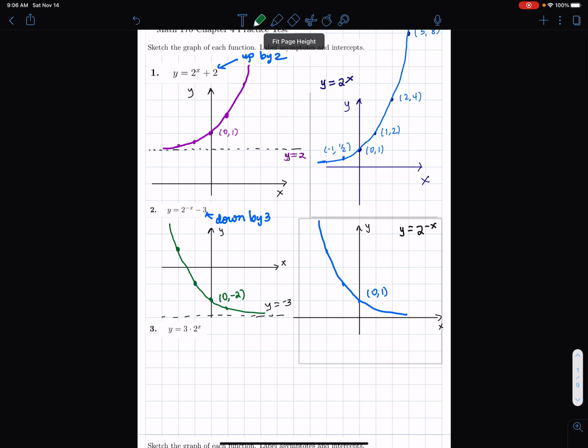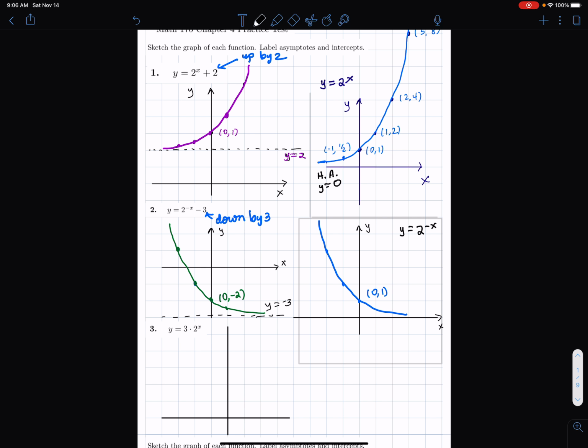Now for this last one, we're multiplying by 3, and what happens is we take all the numbers for the function y equals 2 to the x, and we multiply them by 3. The horizontal asymptote for y equals 2 to the x is the line y equals 0.